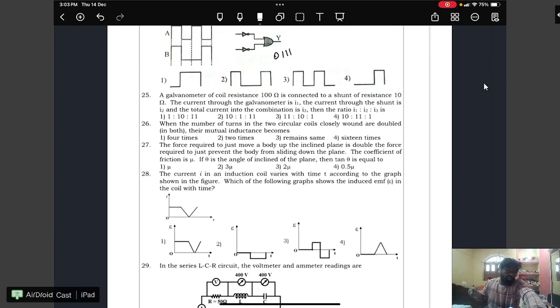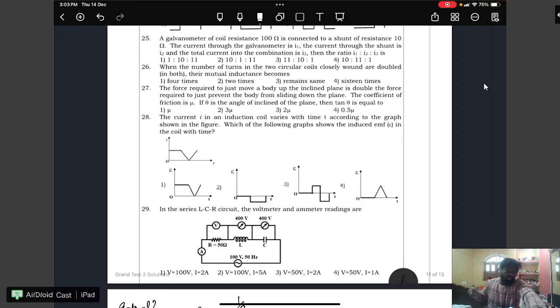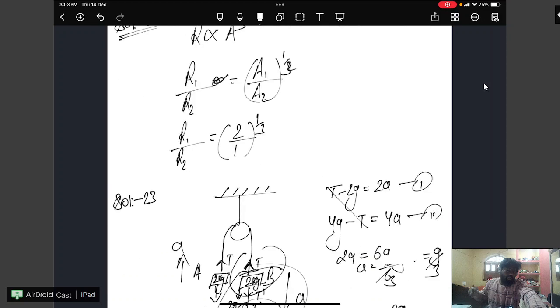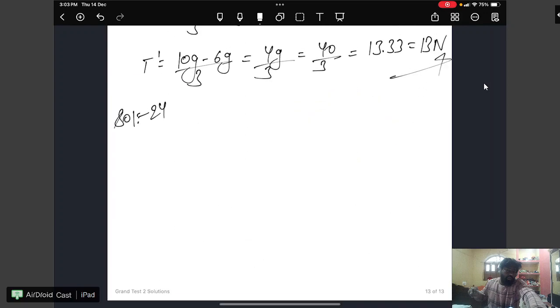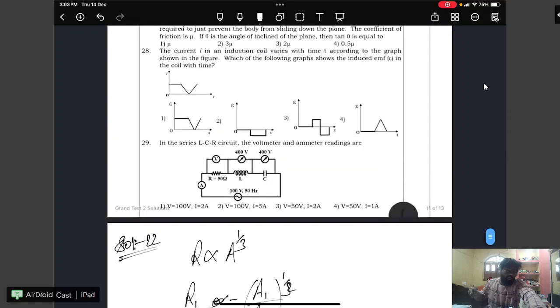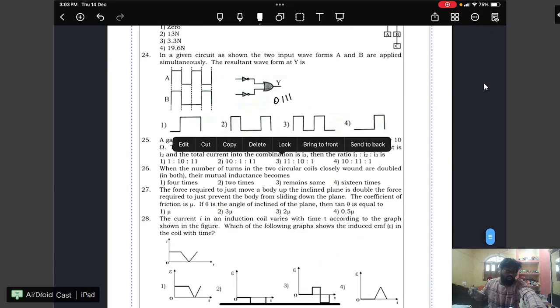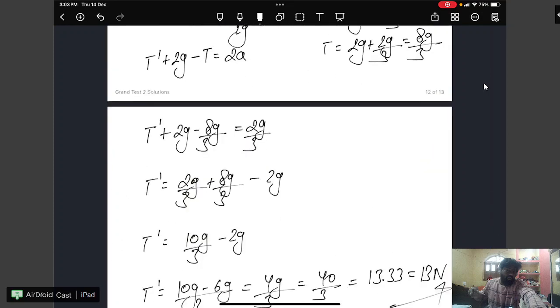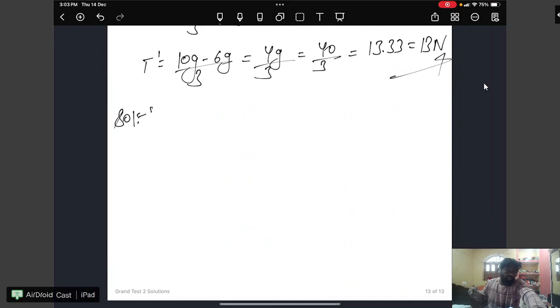Now, a galvanometer of coil resistance 100 ohms is connected to a shunt of 10 ohms. The current through the galvanometer is I1, current through the shunt is I2, and total current I3. They are talking about 100 and 10 in parallel here. It is question number 25.